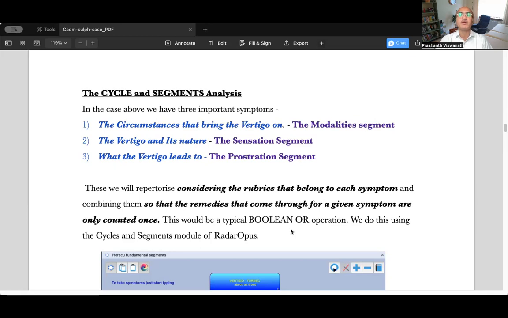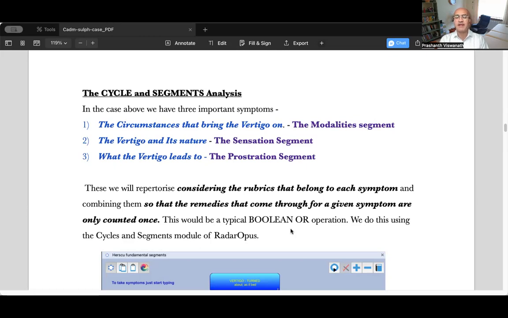It's a different way of looking at the keynotes of the remedy. While looking at the case, we can see that the case has three prominent areas. One is the circumstances that bring the vertigo on, which is the modalities. She gave us one modality, and we all know that the modalities are very, very important in the prescription of the correct remedy.